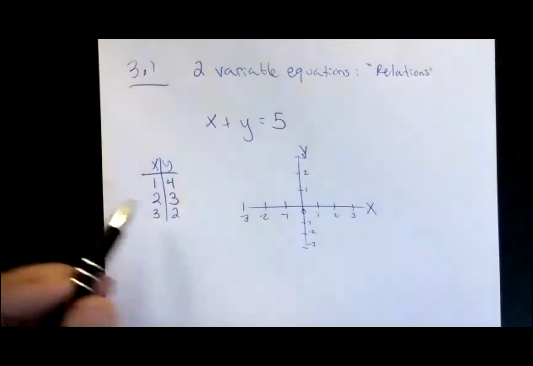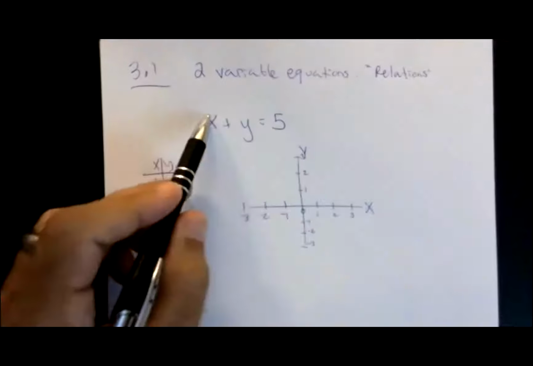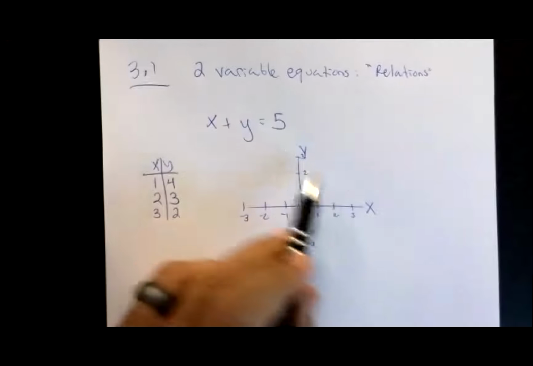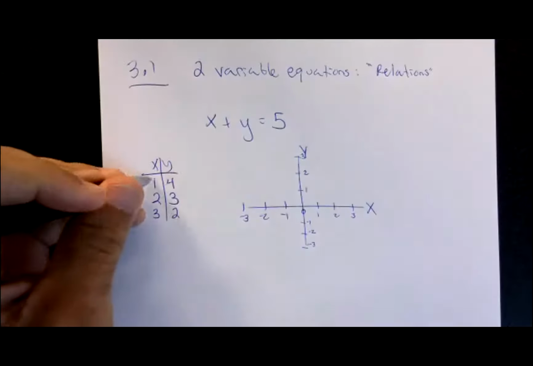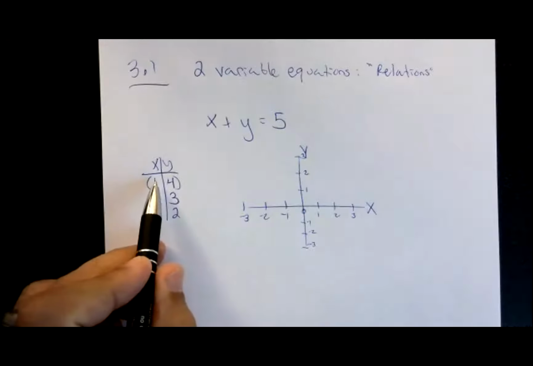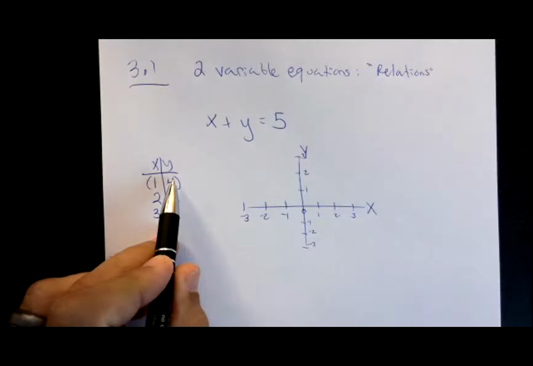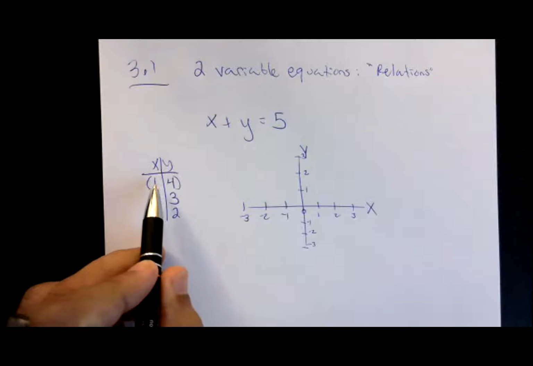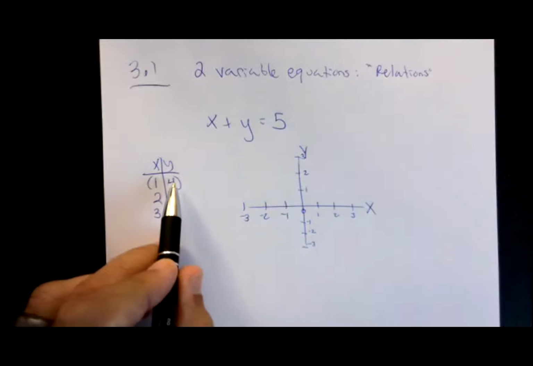Now, again, the way these relate is anytime we have X and Y, which is why we pick X and Y due to the naming of the axes, okay, that gives us what we call an ordered pair, or a coordinate, and that gives location within the graph. So an ordered pair will always give you the X value first, and then the Y value second. So it tells you your horizontal location, then it tells you your vertical location.